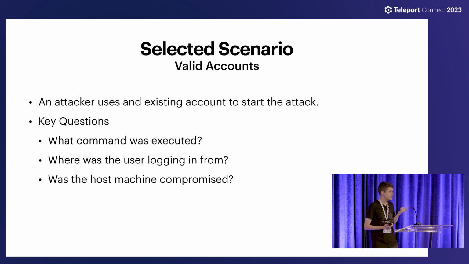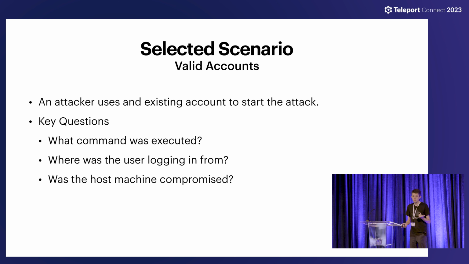Something to keep in mind is that especially if your IDP doesn't lock out people from logging in from multiple locations in a short time frame, especially across geographies, you can have someone sitting in an office in San Francisco logging in, and someone 12 hours away trying to log in from Eastern Europe to do something nefarious. And then the other point about this is, was the host machine compromised?